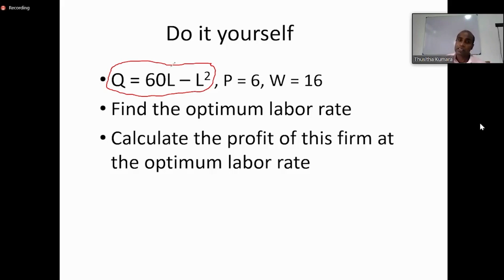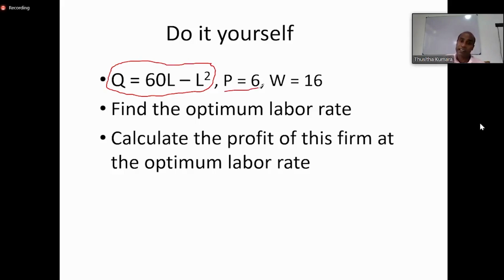The production will be totally determined by labor. K probably could be the 60, which is included in the efficiency parameter. Therefore, this is a short-term production function. We have only labor.